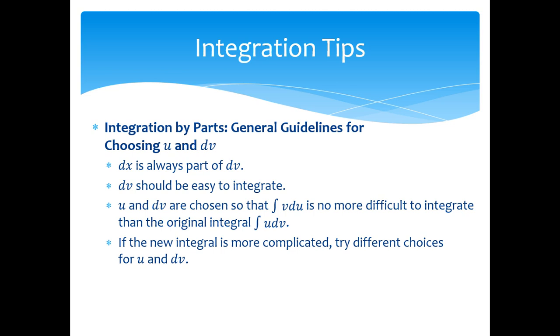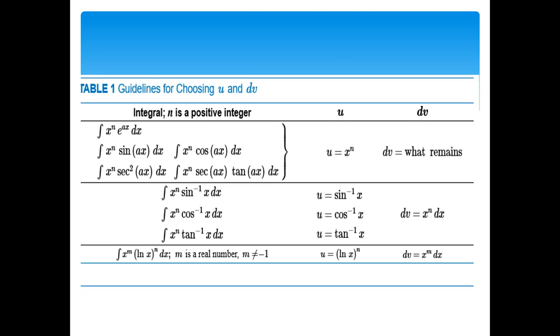The final integral, which is the integral of v du, should not be harder than the first integral, which is u dv. Every time you choose the wrong u and the wrong dv, the problem gets complicated, and you can redo the problem to make it easier.